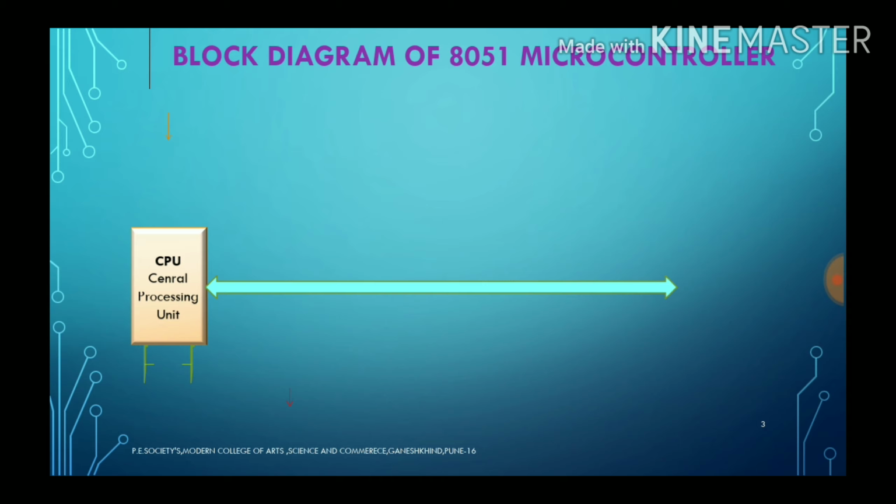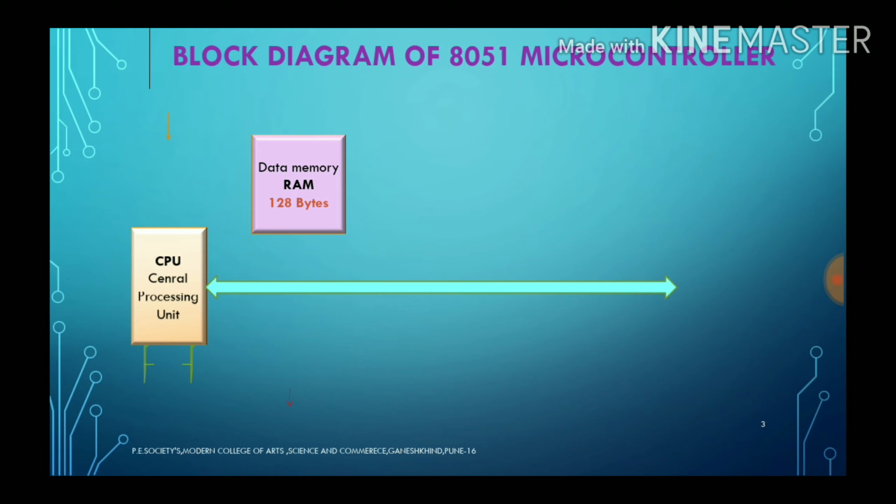In the last video we already have seen that there are three types of buses: address, data and control buses. Here we have shown a single internal bus which includes all these three buses. Along with the central processing unit, the computer system also needs a RAM memory where temporary data can be stored.